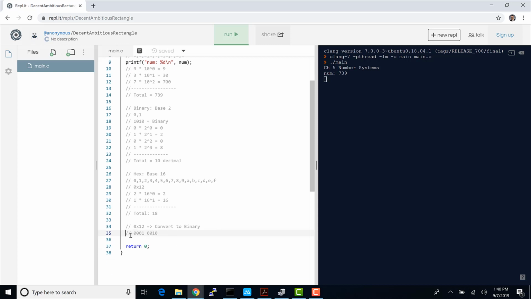Anywhere I have a hexadecimal digit, I convert it into the binary representation.